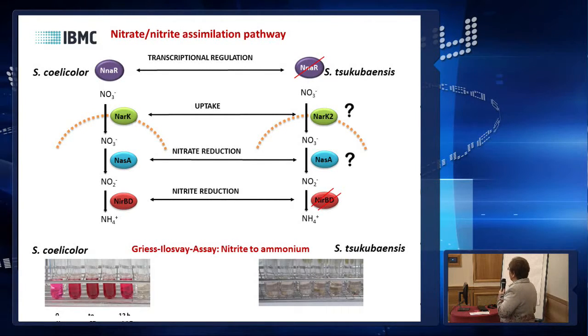But in the case of tsukubaensis, this gene is not present. Perhaps there is a second gene for the transport of nitrate, and perhaps there is a second gene for reduction of nitrate. They are other genes, not very similar, but they are there in the genome. And in fact, tsukubaensis is not able to give nitrate reduction.